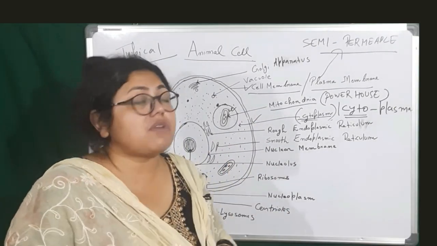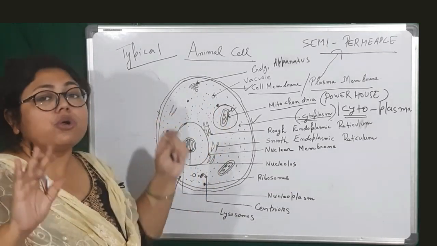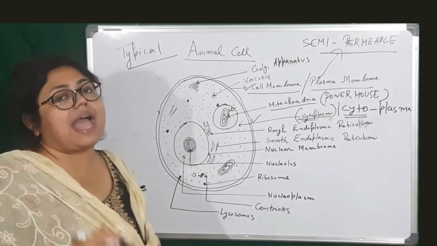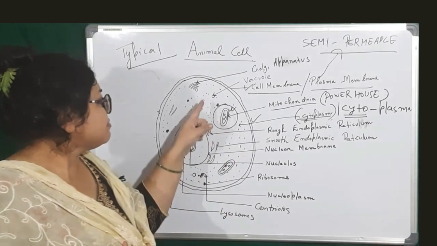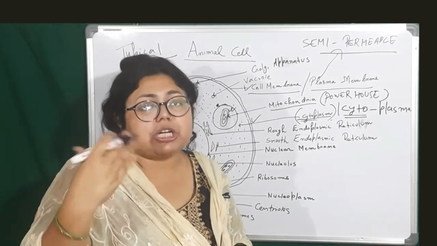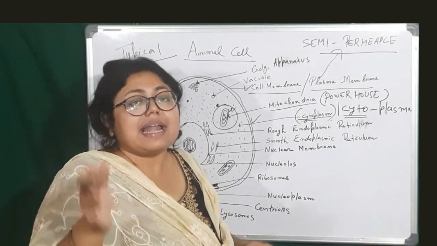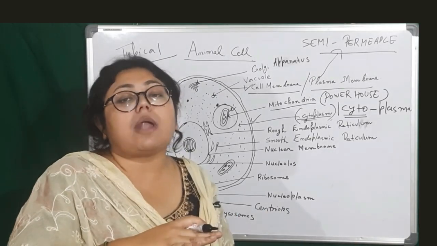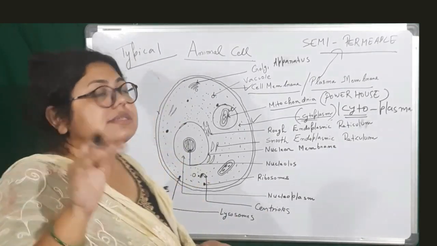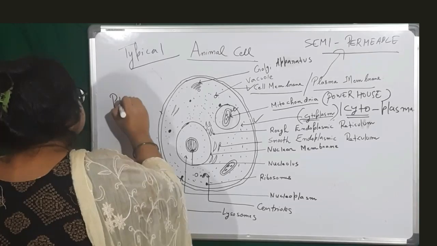This process of production of vacuoles and their disappearance again is called pinocytosis. Pinocytosis. Just make your notes. This is a process.